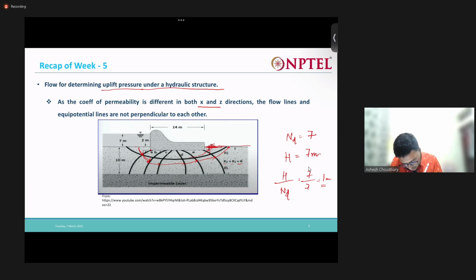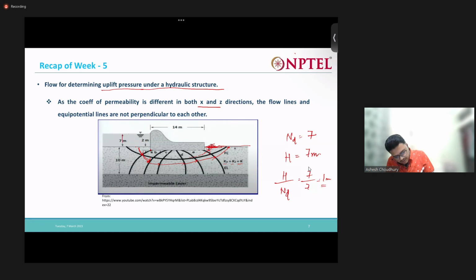It is given 1 meter. So what is my total head at A? It is nothing but 7 plus 2.